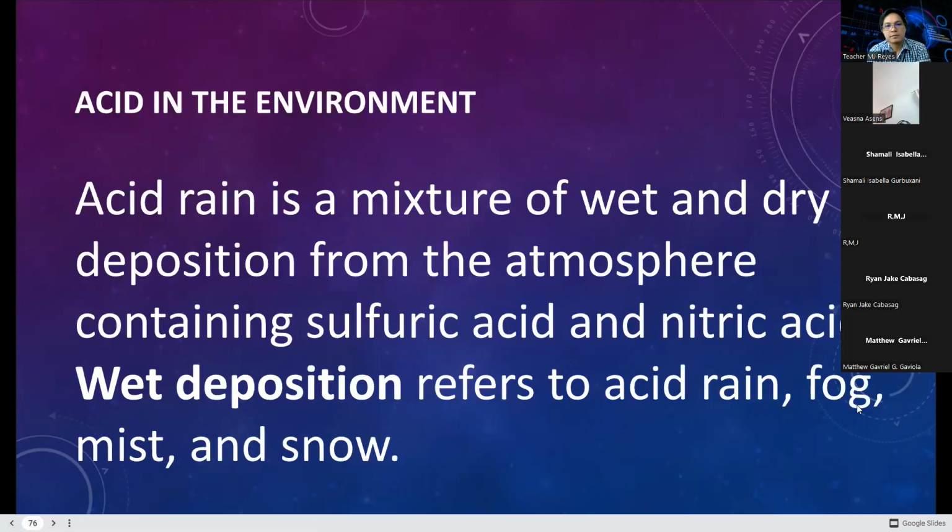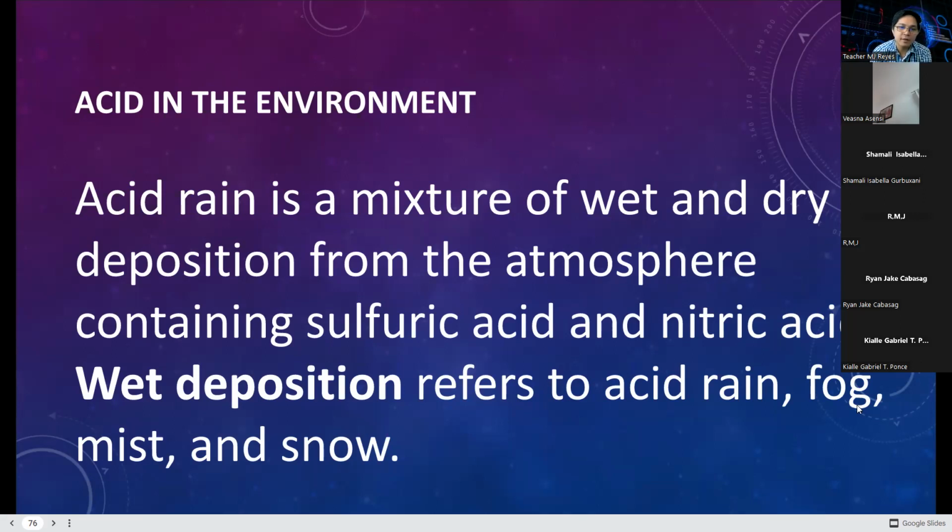Acid in the environment. Acid rain is a mixture of wet and dry deposition from the atmosphere containing sulfuric acid and nitric acid. Wet deposition refers to acid rain, fog, mists, and snow. Your sulfuric acid comes from, for example, a volcanic eruption, so the atmosphere also collects sulfuric acid.